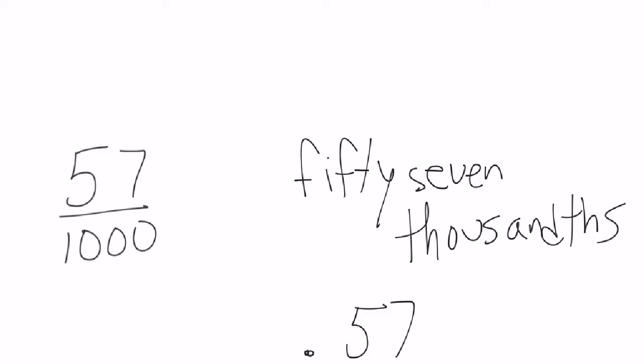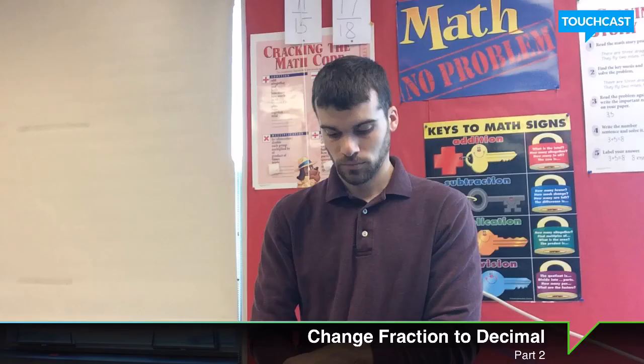I can't add a 0 on the end because then it would be 570. So I stick my 0 in the front, and I can see that I have now still 57. My 7 is in the thousandths place, so 57 thousandths. So we can use this strategy to read, write, and convert fractions to decimals.